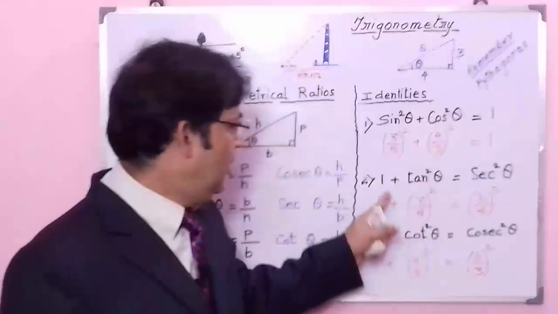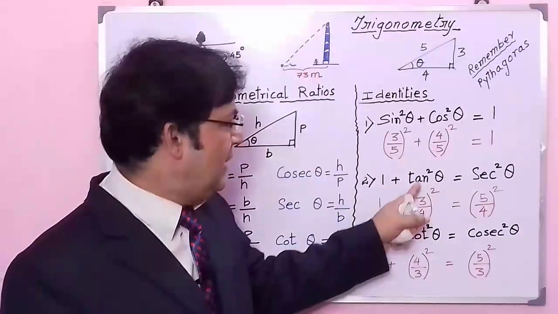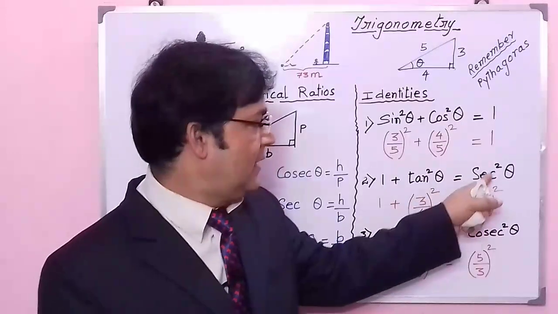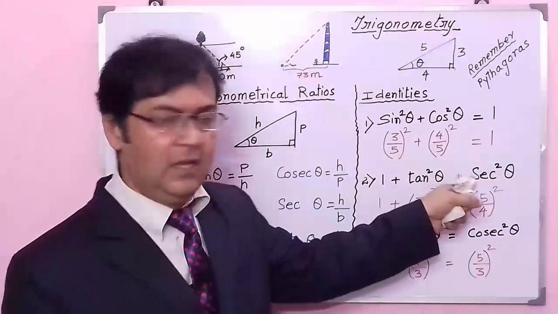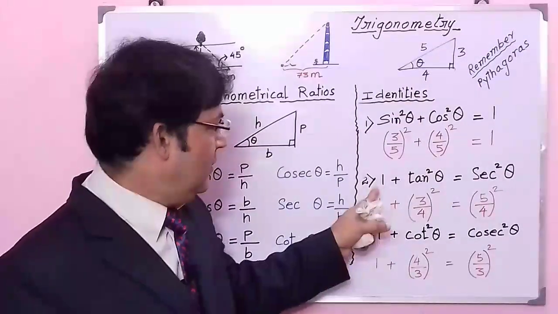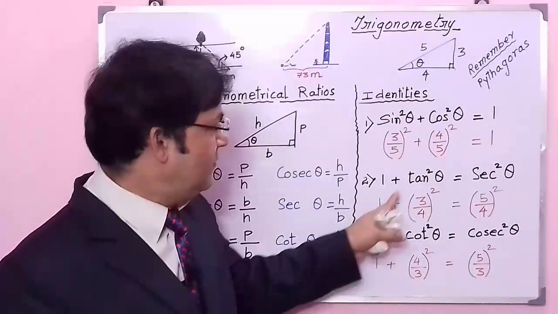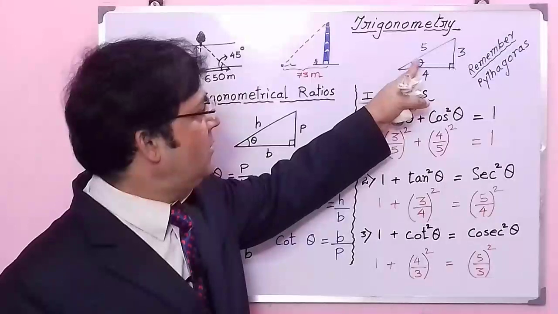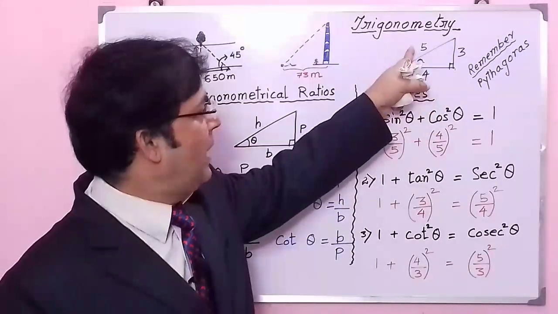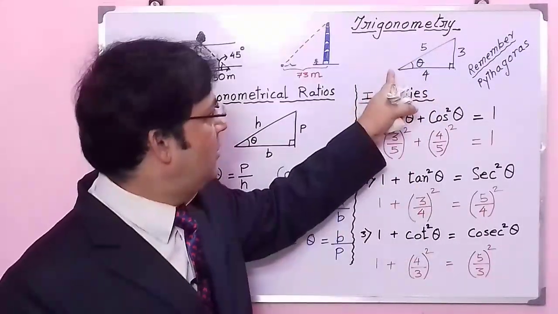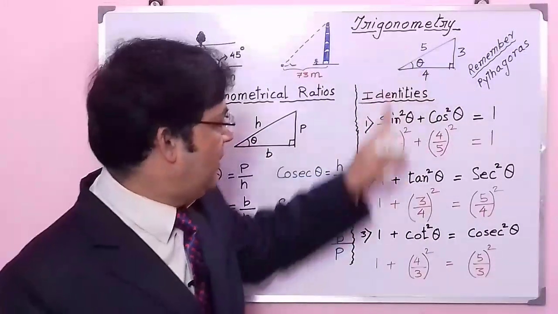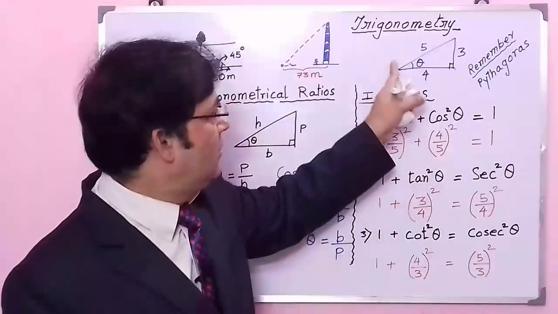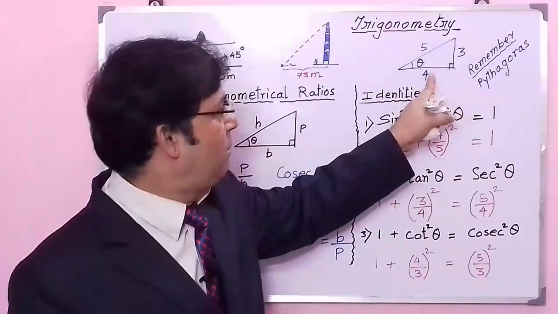So 1 plus tan square theta equals sec square theta. You can remember it that way. So let's see 1, tan, which is 3 by 4.